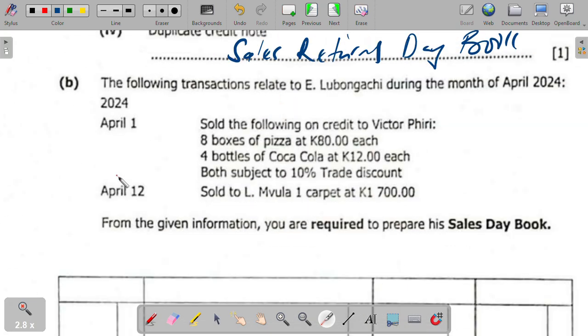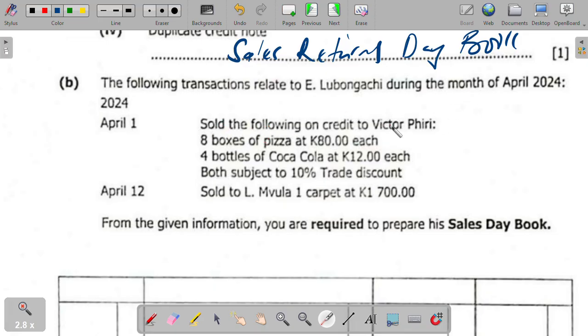Now, B, the following relates to Lubungachi during the month of April 2024. On 1st April, sold the following on credit to Victor Piri. So Victor Piri is a customer, and Lubungachi is a seller.